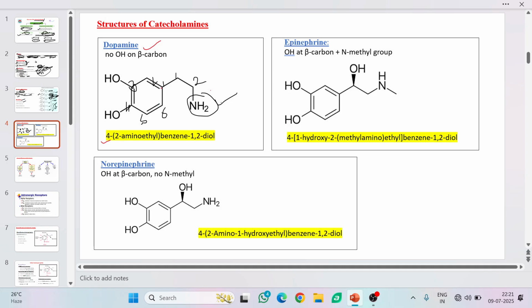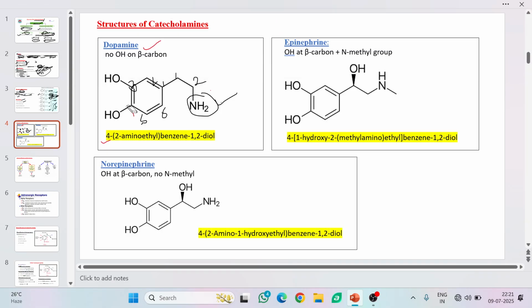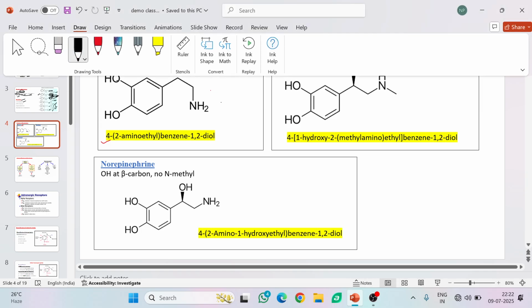The numbering in this case is from here.